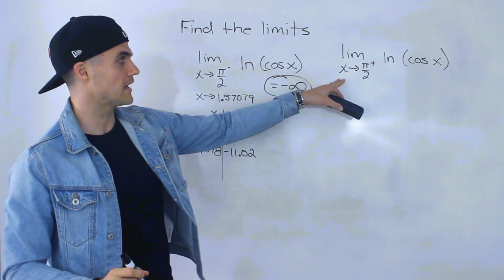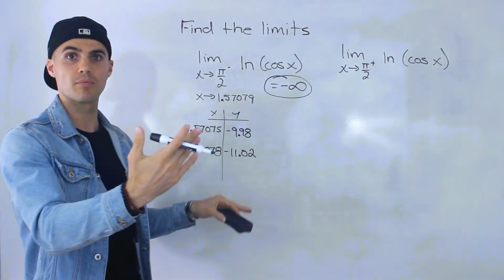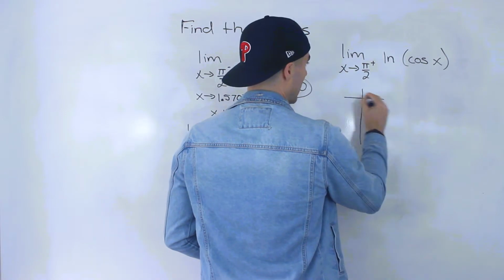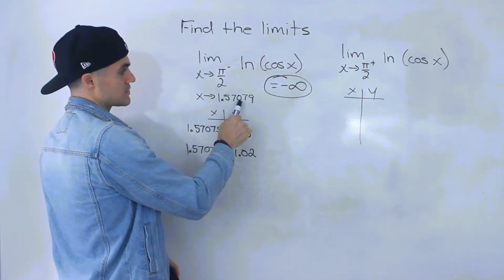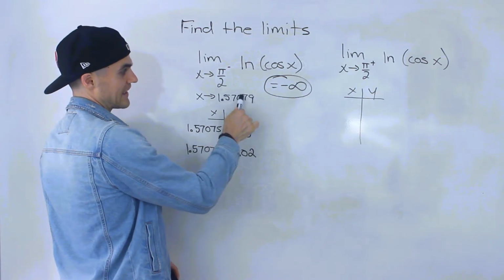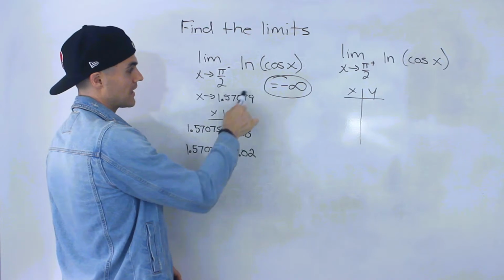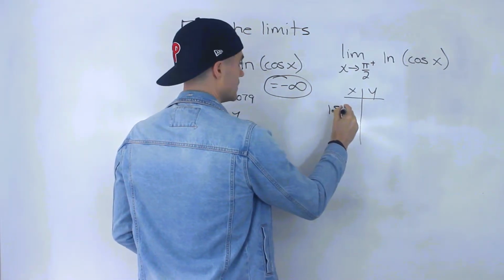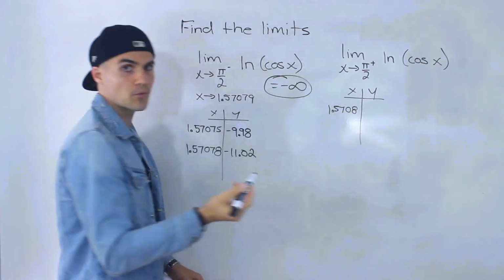Now, what about the limit as we approach pi over 2, or this decimal value, but from the right side, from the positive side? If you make a table of values for this, a number that is to the right of this would be like 80 at the end, or maybe 81 at the end. Let's pick 80, it's closer. So 1.57080, and then we don't have to write that last 0.